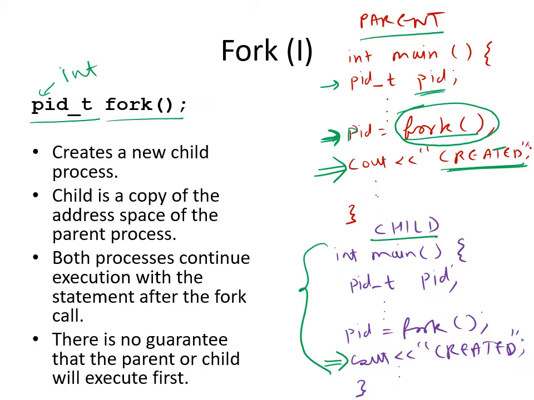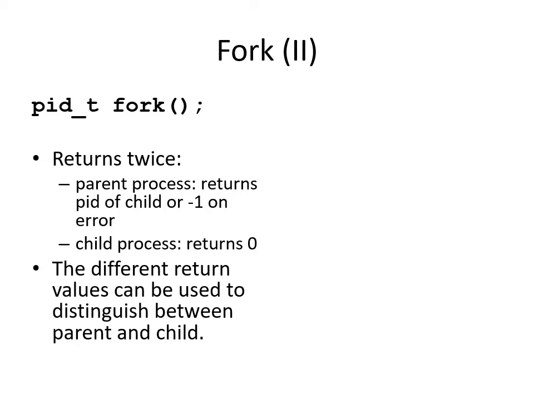All right, so let's talk some more about the fork system call. On the previous slide, we saw that the child process created using the fork system call is an exact copy of the parent process. What that means is the child process will have all the variables and all the data structures that the parent process has.